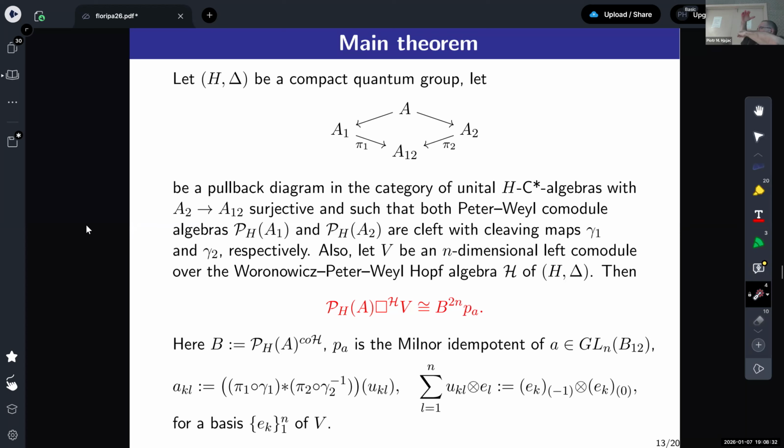And what I have to find is, for every element in the base, a unique element g, because the action is free, which maps one local section to another. So this is a map which goes from this intersection base to the structure group. When you dualize it, it goes from the Hopf algebra to B12. Yes, that's exactly the map that you have. And that's the geometry behind it.